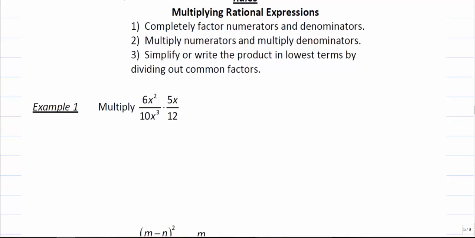So what they're saying here is this. If I want to completely factor 6x squared, I'm going to write that as 2 times 3 times x times x. Notice that's a monomial.